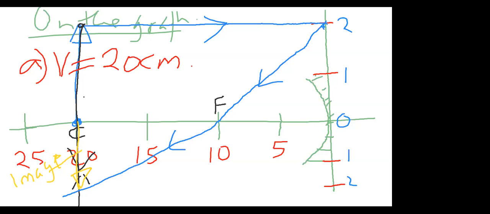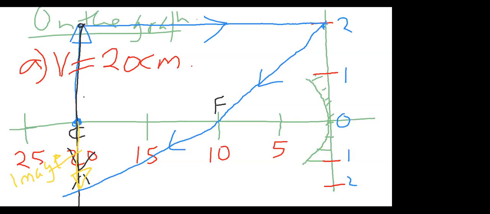So that is our answer for part A. You have just got it from here that this is 5, this is 10, 15, and 20. That is how you get it.